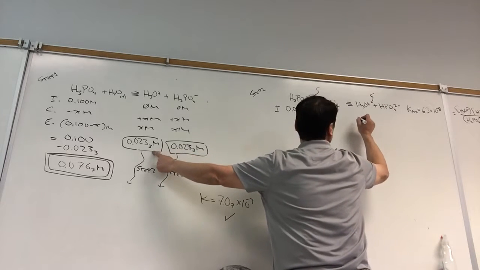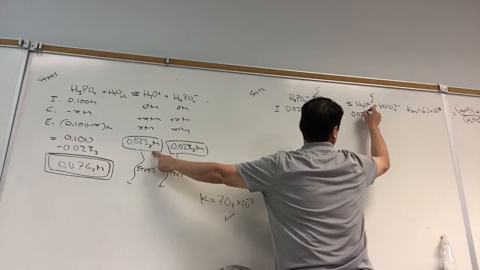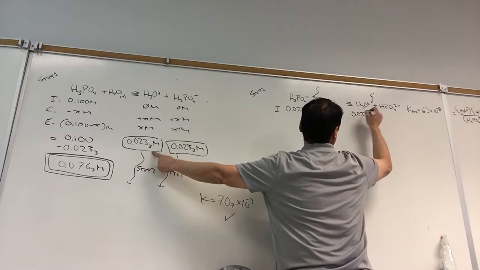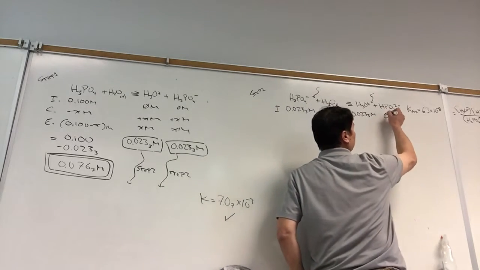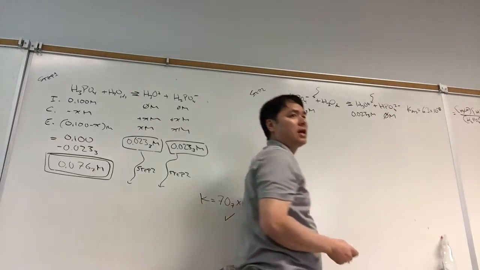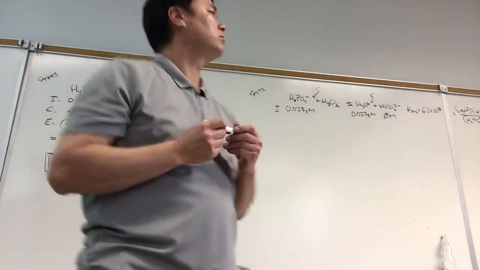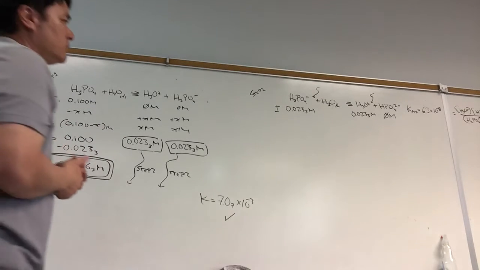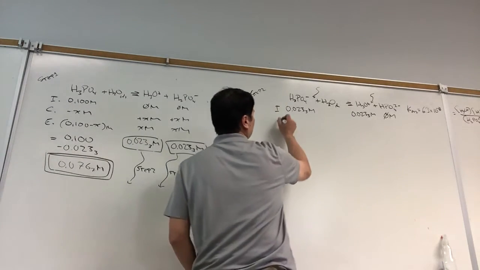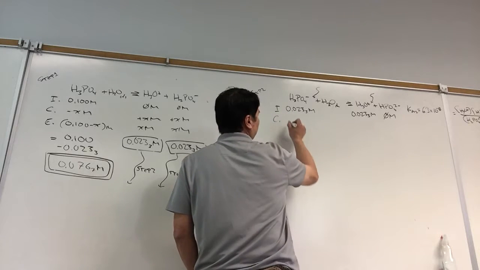The hydronium is from step 1, 0.0233 molar. So both of these initials are from step 1. But for step 2, we assume nothing's happened. If nothing's happened, it should be 0 molar for the monohydrogen phosphate. So we assume no dihydrogen phosphate has collided yet, and then we allow it to react.